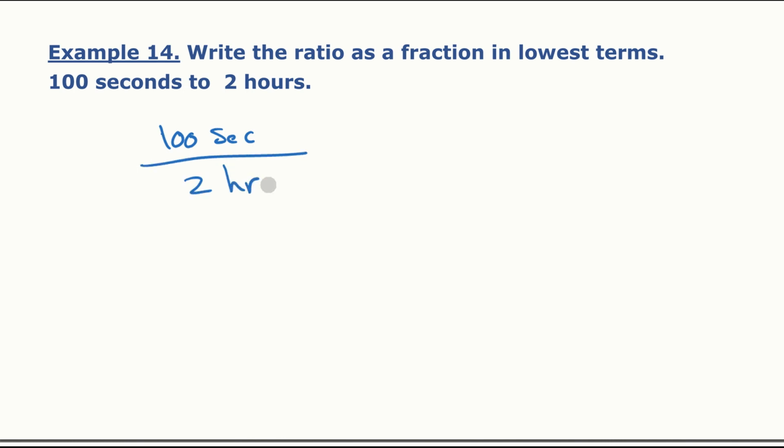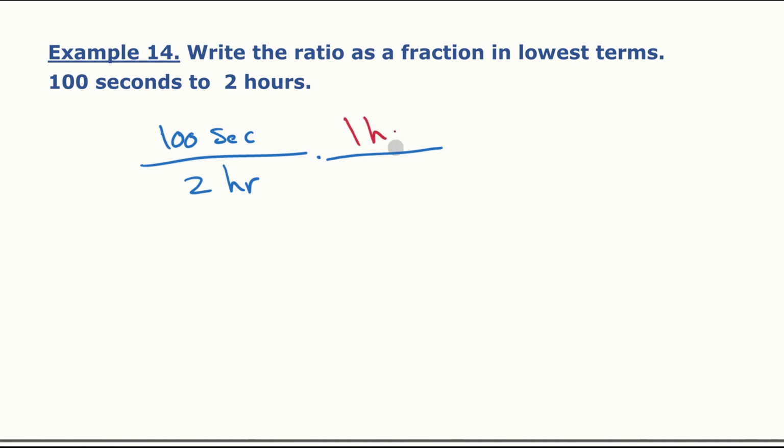Now, seconds and hours, as it turns out, are convertible. So what we're going to do is use what's called the unit factor. Now we know that 1 hour is the same as 3600 seconds, right?